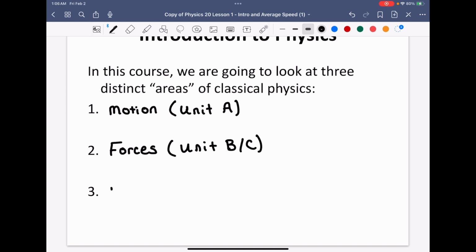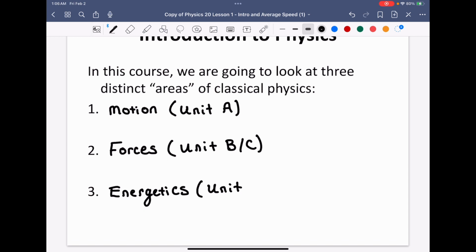And then lastly, we talk about energetics. Now, energetics includes things like potential energy, it includes kinetic energy, and it also includes the interaction of forces and motion within those equations, or within those systems, I should say.